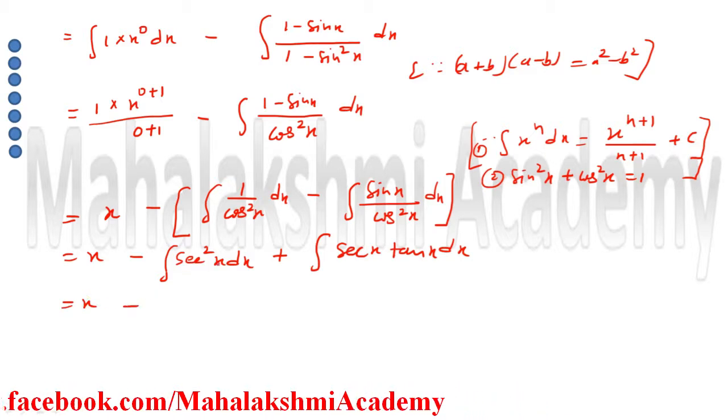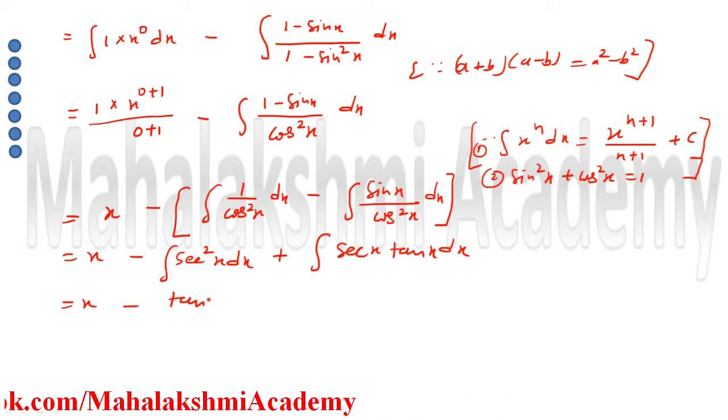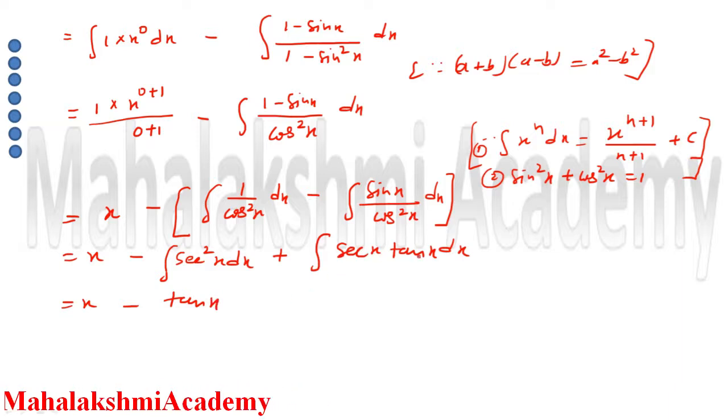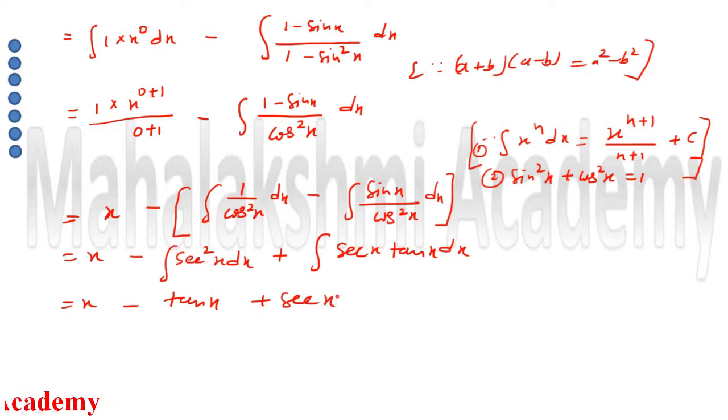So integration of sec square x is tan x and integration of sec x tan x with respect to x is sec x. So these are the direct formulas. So successfully we converted our question into the standard format of integration and then used the direct formula.